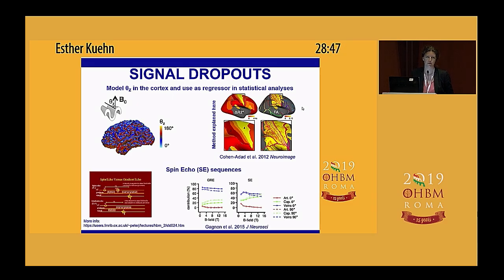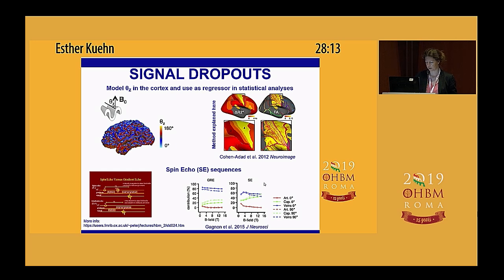Another possibility is a very different one: you can also think about your sequence. As you also saw in the previous slide, there is a particular problem in gradient echo sequences with respect to this artifact. And there are a lot of studies showing that there is less sensitivity to signal dropouts for spin echo sequences, because they have 2 RF pulses, and the second refocusing pulse reduces to a certain extent the influence of the orientation on the signal.